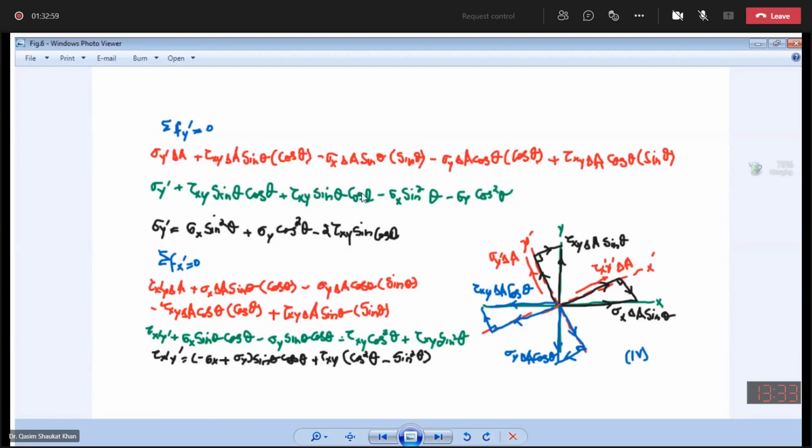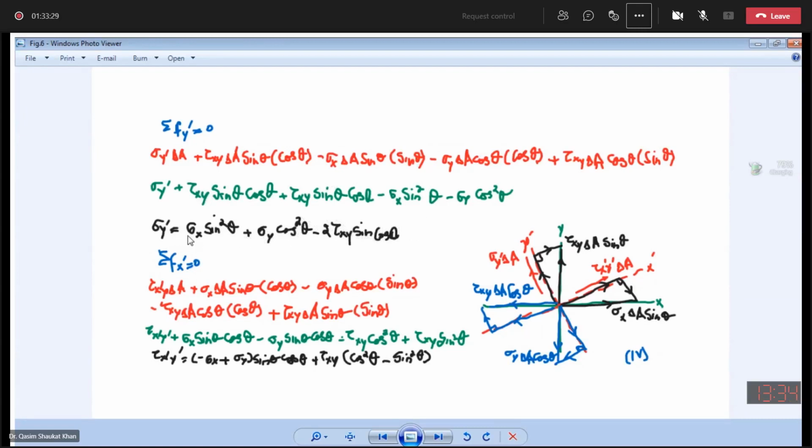Now I will move these coefficients to the other side of the 0, and your equation will become sigma y dash is equal to sigma x sine square theta plus sigma y cos square theta minus 2 times tau xy sine theta cos theta. So everyone is clear with this equation?